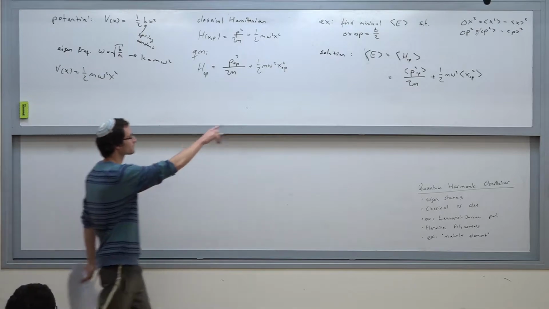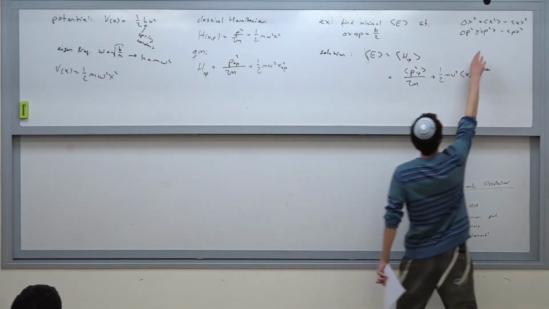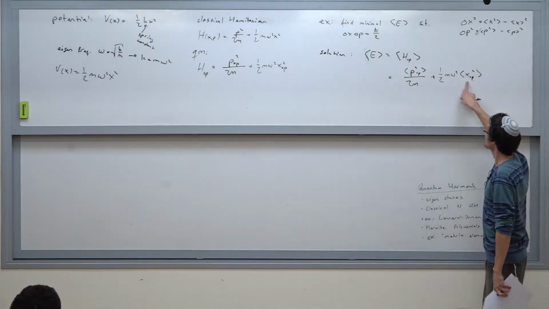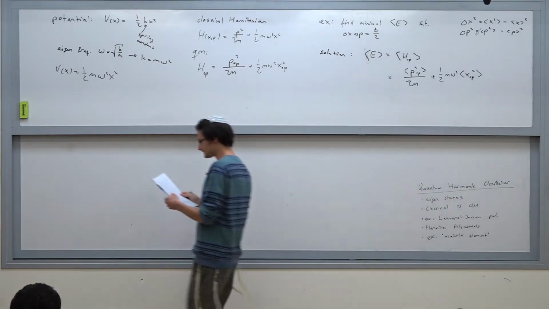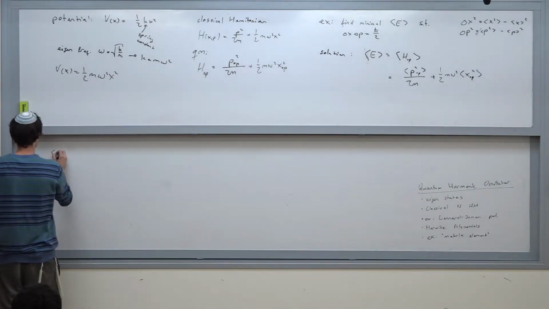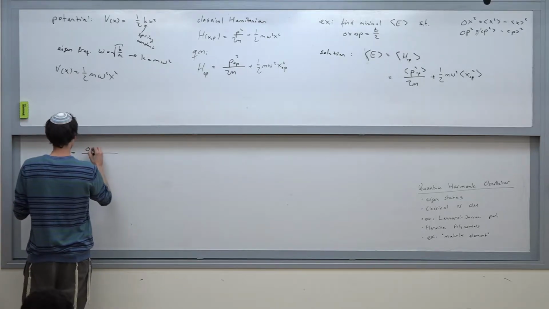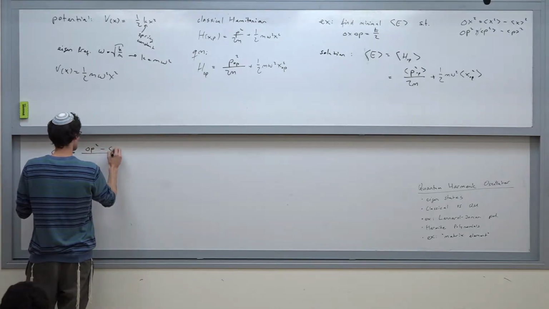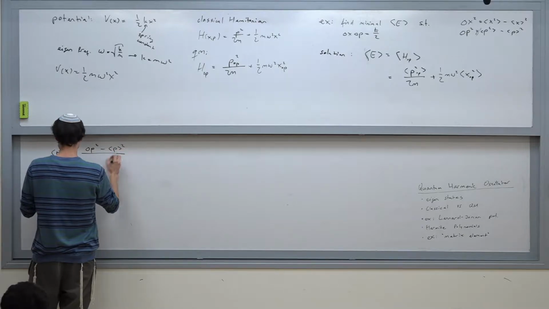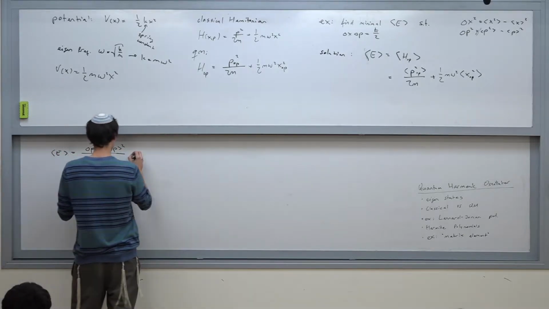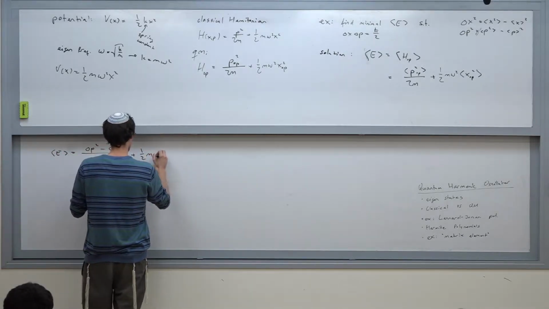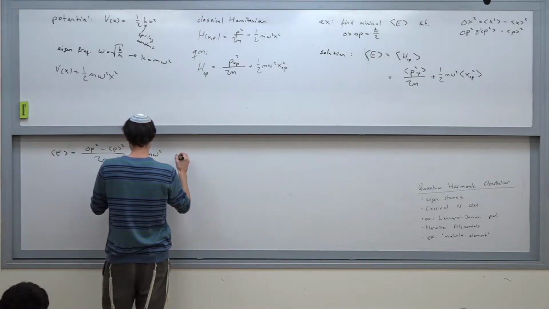So I'm going to plug in these relations into here. So we get delta P squared plus average P squared, divided by 2m, plus the potential term.